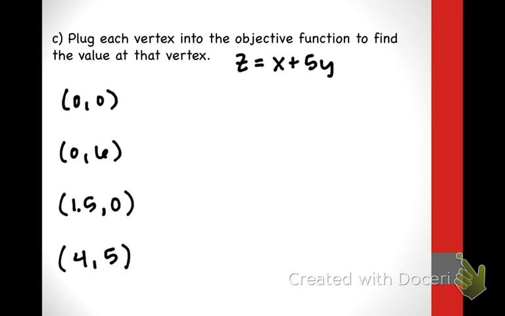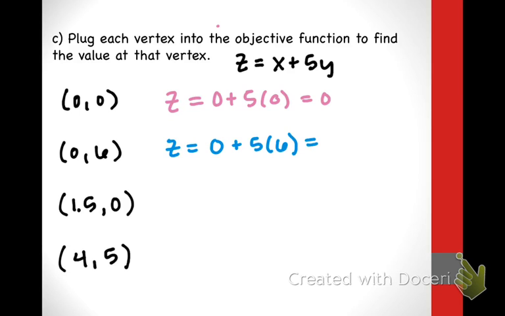So that first one here, my z is going to equal 0 plus 5 times 0, which is 0. Okay, nothing too exciting there. My second equation gets a little bit more interesting. This time my z is going to equal, I still have 0 for x, but it's going to be 5 times 6, which gives me 30.